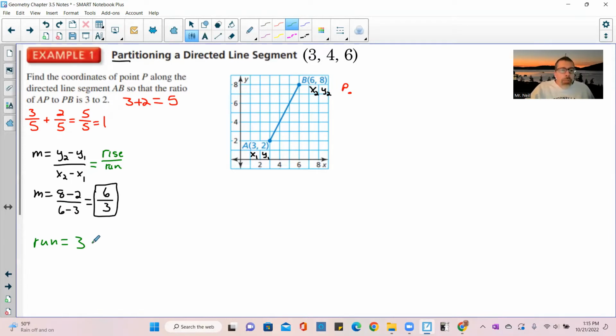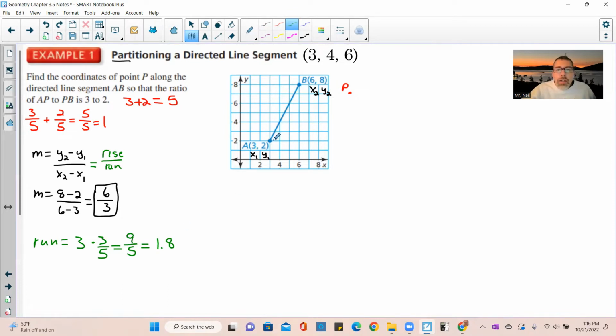So I'm going to multiply that run of 3 by 3 over 5, and I get 9/5. 5 goes into 9 once with a remainder of 4, and 5 goes into 40 8 times. So my run distance will now not be 3, it'll be 3/5 of 3, which is 1.8.